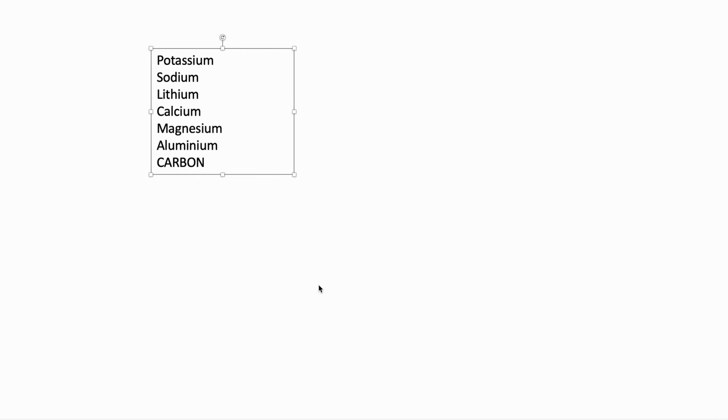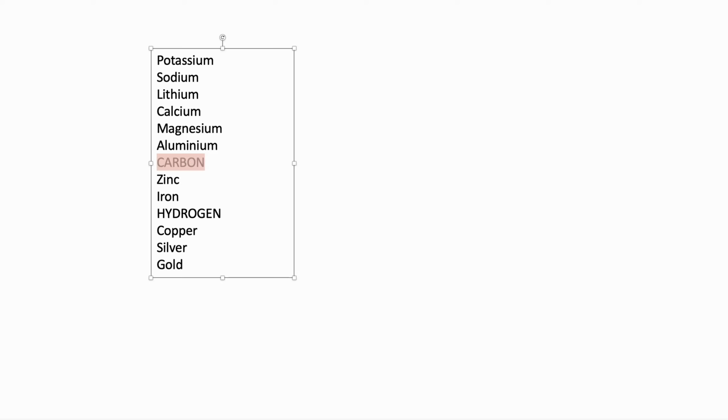I'll write that in bold. Carbon, that's the non-metal, just for comparison. And we have zinc, iron, hydrogen, also for comparison, copper, silver, and gold.